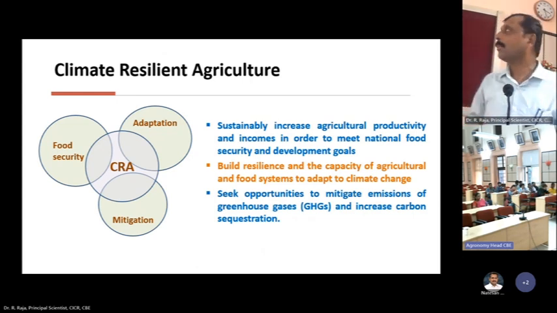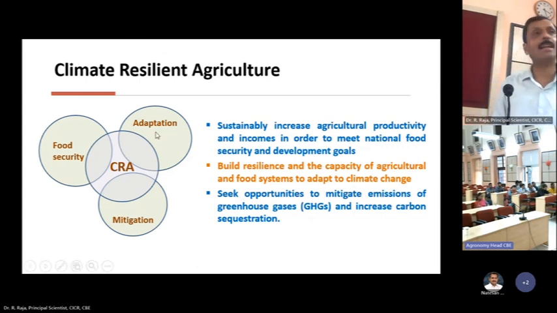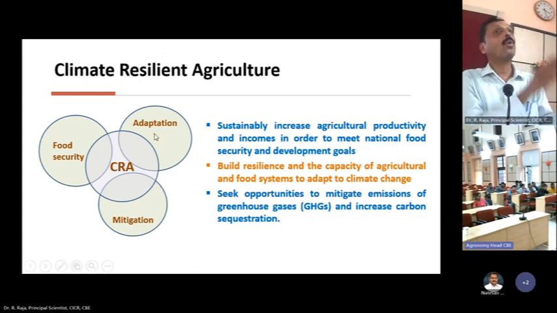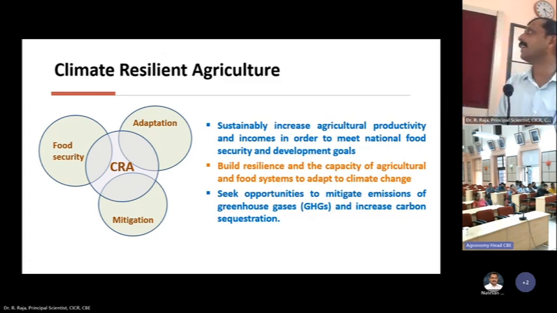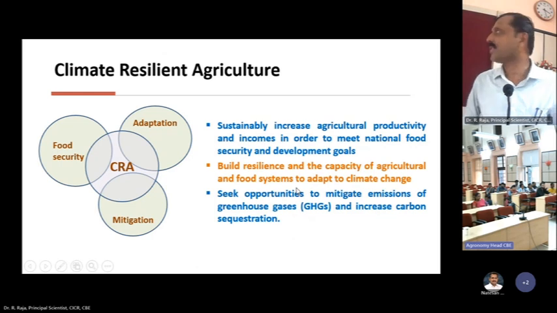But mainly the concentration will be on adaptation, meaning coexisting with the changing climate and producing more. That is aimed at building the resilience and capacity of the agriculture and food system to adapt to climate change.